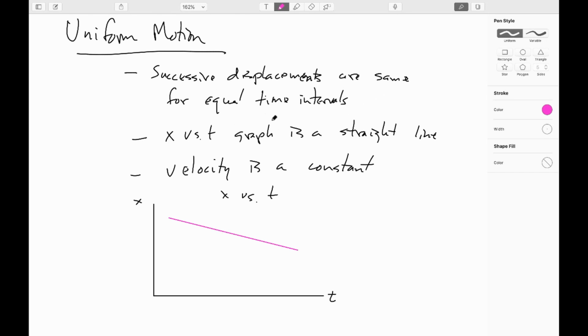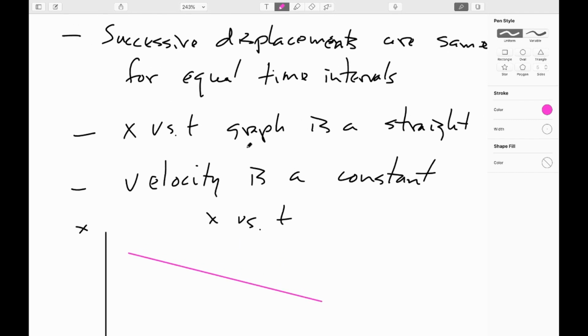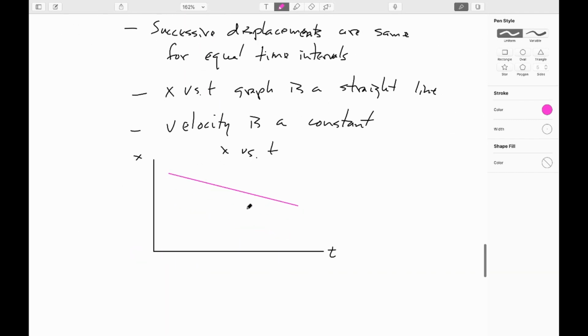These all turn out to be equivalent statements. It's a straight line. Yep, sure enough. Velocity is a constant. Well, the average velocity is the same, right? But I can pick any interval and calculate it, and it would be the same because the slope is the same everywhere.